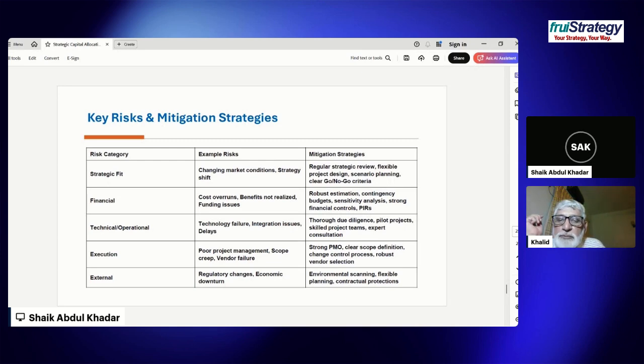Lastly, external risk could include regulatory changes or the economic downturn. So the mitigation could be environmental scanning, and as I said, quarterly, flexible planning, and contractual protection. So these are some of the key risks when doing capital budgets and how we can mitigate these risks.